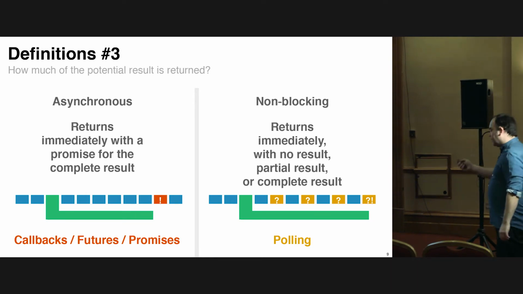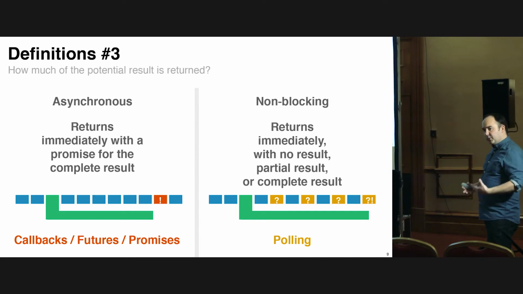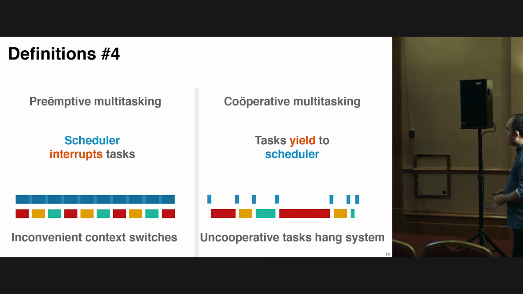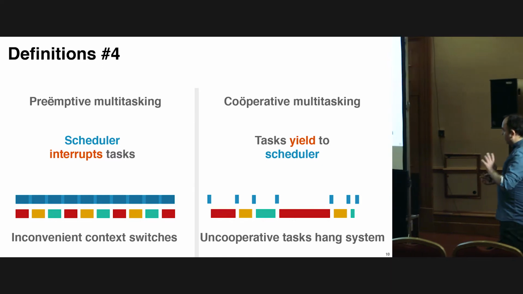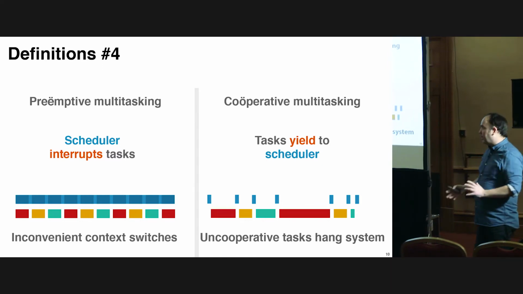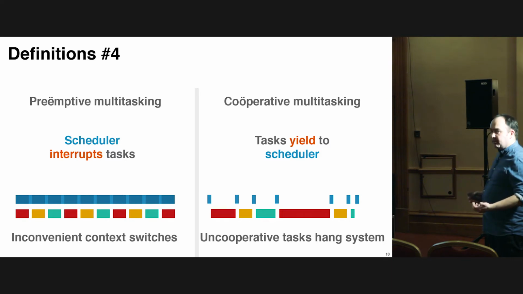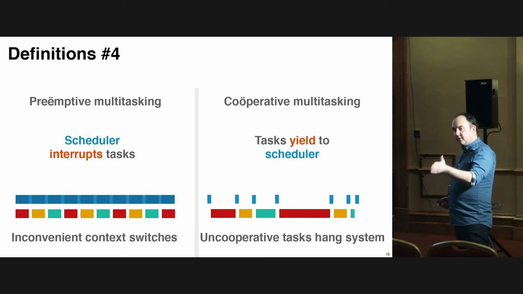So these distinctions become important when you think about how to structure your programs, as we'll see later. Of course, ultimately, when we think about how these things work at the operating system level, or in terms of multiple tasks, there's a distinction between preemptive multitasking, whereby the scheduler is in charge and it interrupts the tasks.